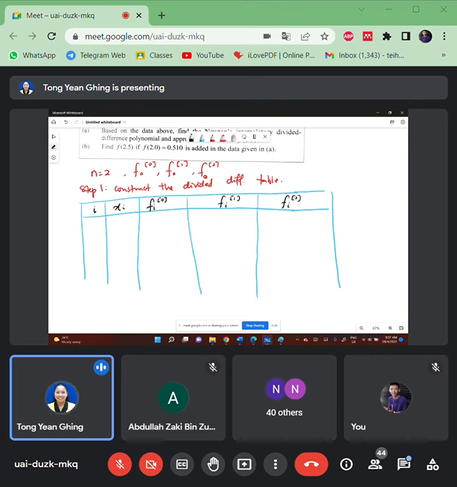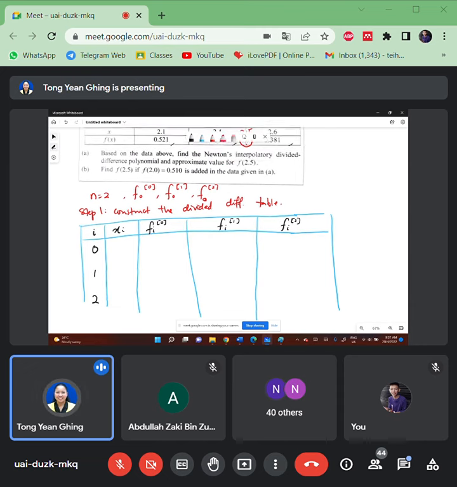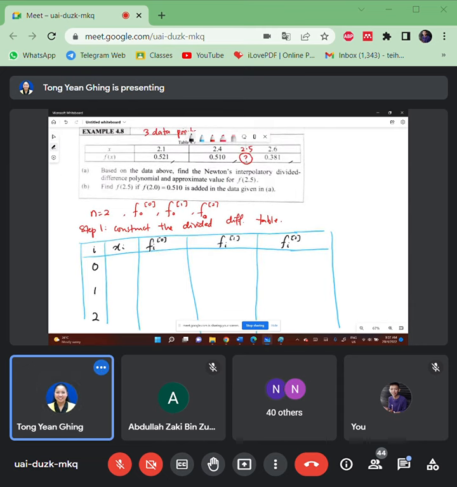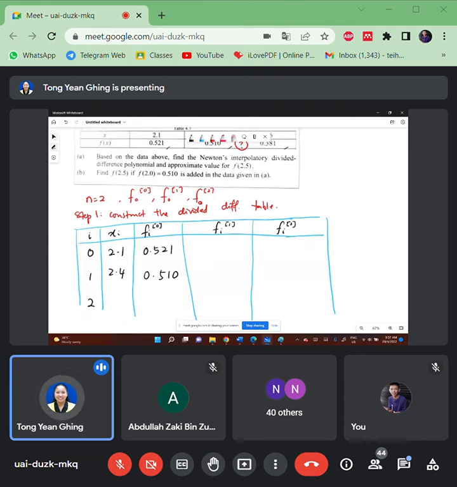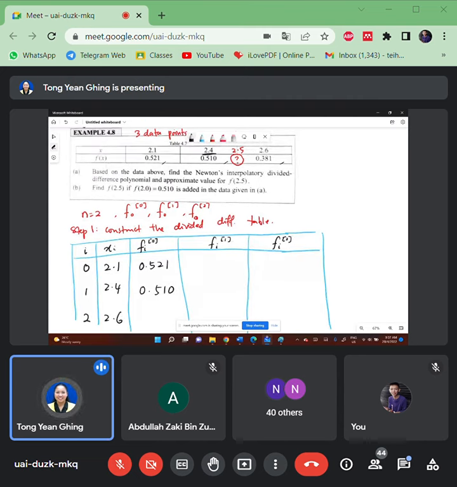Okay, X kita ada 0, 1, 2. So x0 is 2.1. Dia punya Y is 0.521. x1, this one, 2.4. Dia punya Y 0.510. x2, 2.6, 0.381.